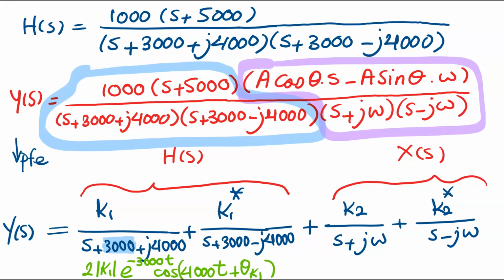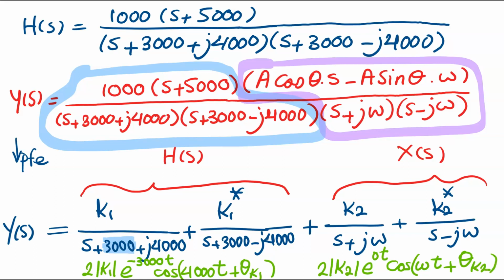This is what I'm going to have because of the first two terms, which are the result of H(s). For the second one, it's going to be 2 multiplied by the magnitude of K2, multiplied by e^(0t), and then cosine of (omega t plus angle of K2).